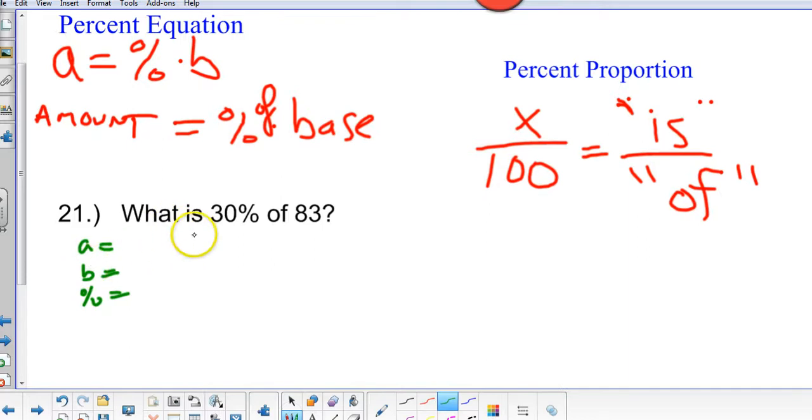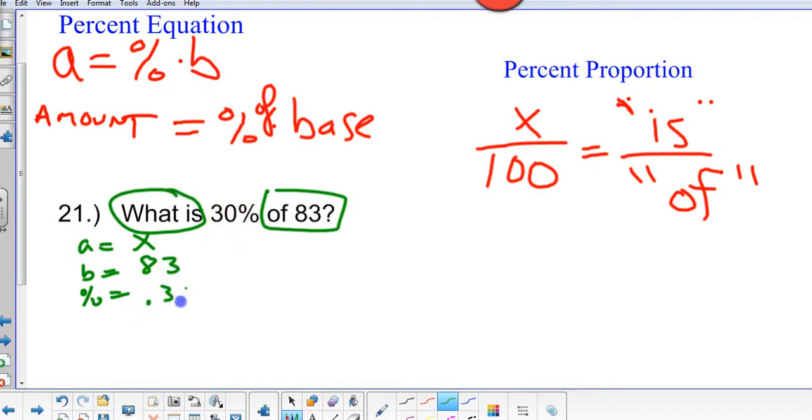Again, the amount is the thing associated with the word "is," and that's the thing I don't know, so that's going to be X. The base is associated with the word "of," so that's 83. And the percent is 30%, so I'm going to just write that as 0.3 or 0.30.